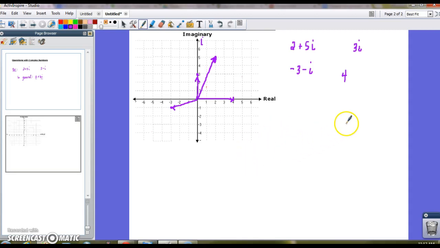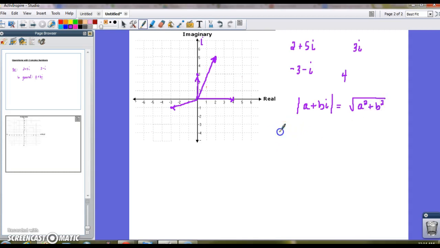I do want to talk about absolute value because that's going to come up in the assignment. When you talk about the absolute value of a complex number, the absolute value of a plus bi, all you're doing is taking the square root of a squared plus b squared.